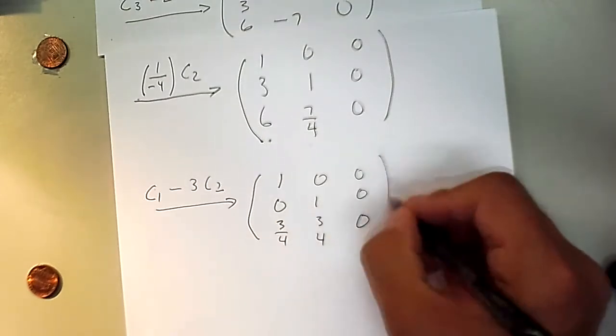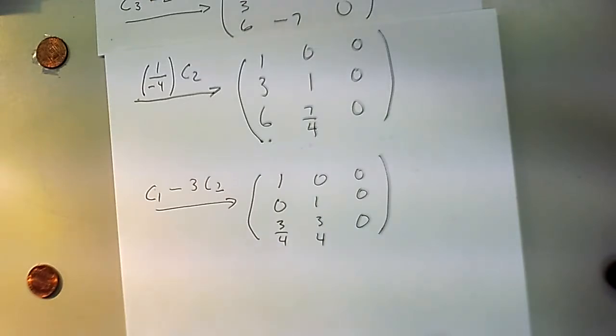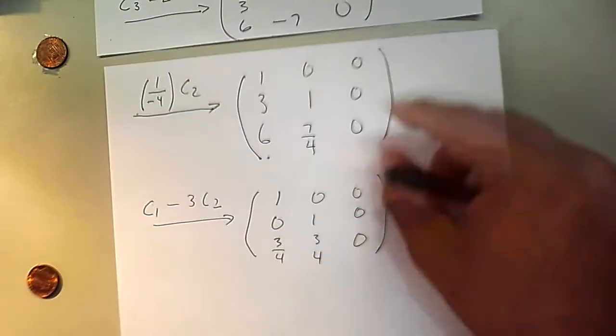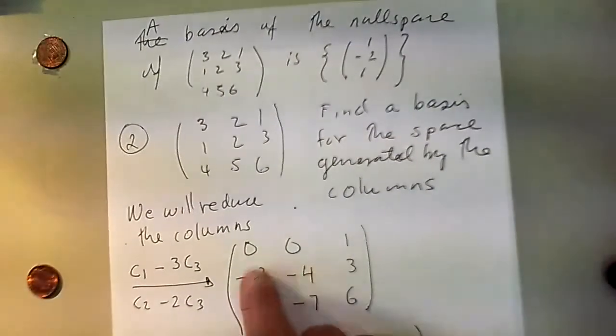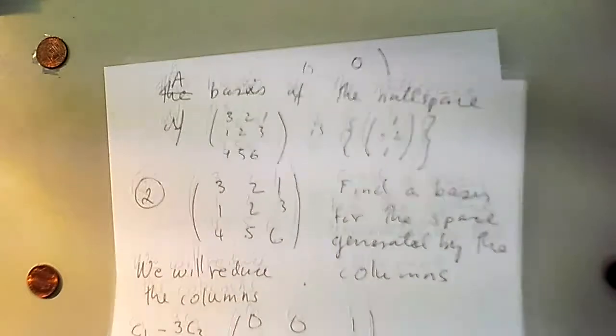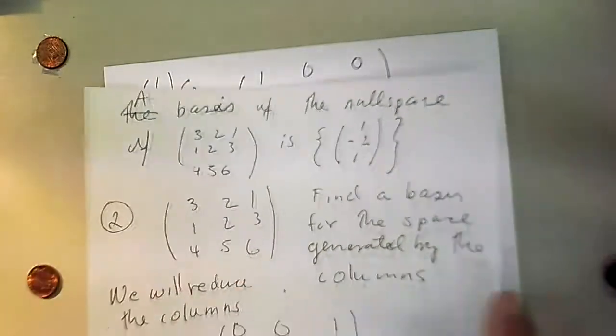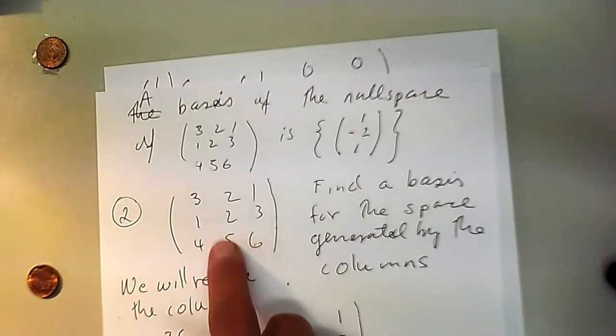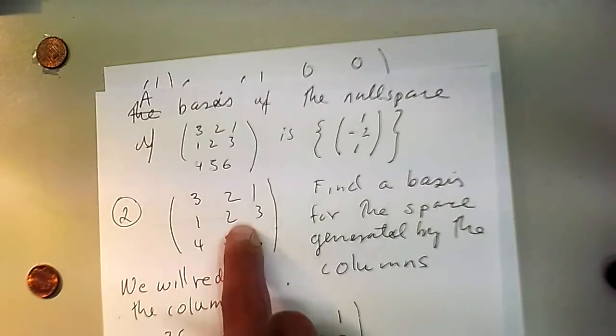0, 0. Okay, so by doing this column reduction, we got rid of redundancies. See, the original 3 columns were too many. What that tells us is that one of them can be written as a linear combination of those 2.